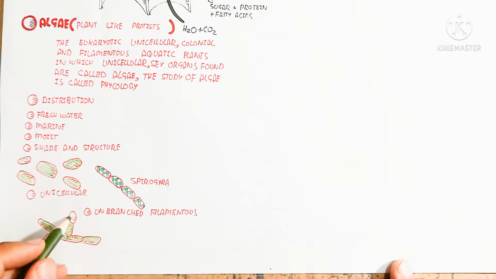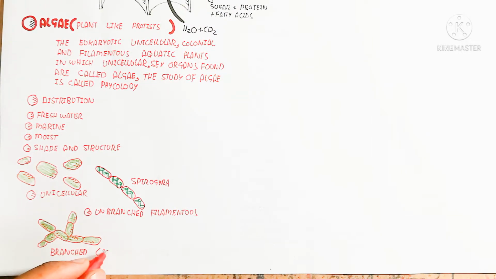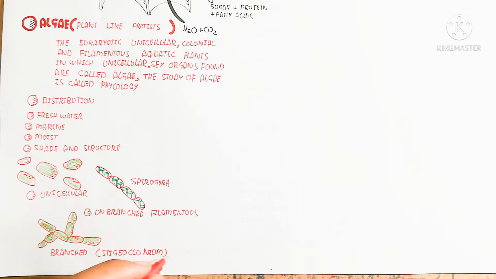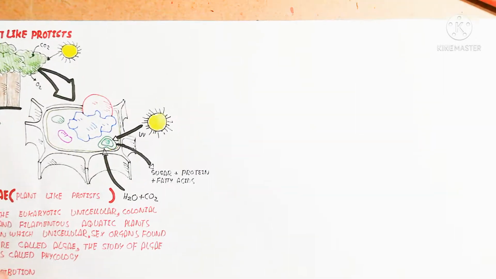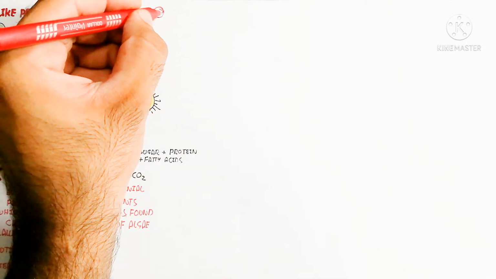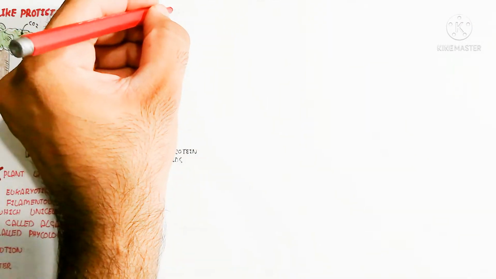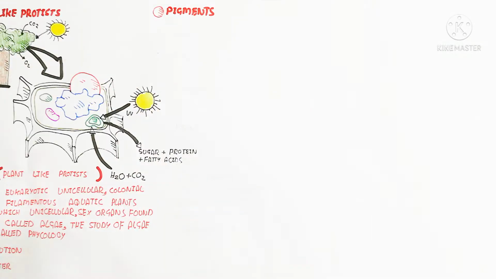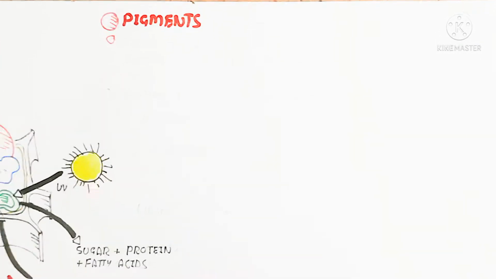On the other hand, Spirogyra is in the form of filamentous or thread-like structure, and it is unbranched filamentous.